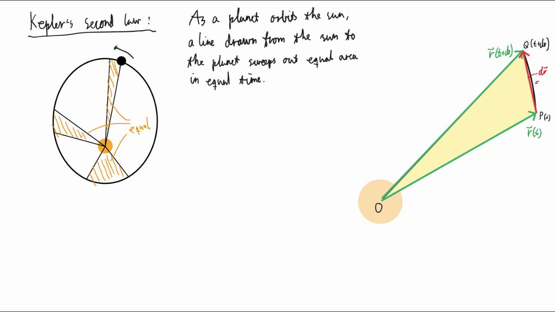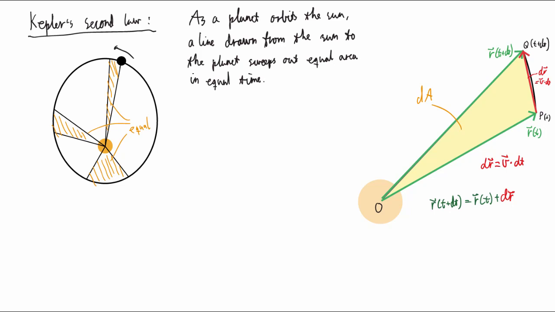So dr is essentially equal to v times dt, the velocity of the planet as it's moving here times dt. I'll write it again more clearly: dr equals v times dt. We also have that r at t plus dt equals r at t plus dr.